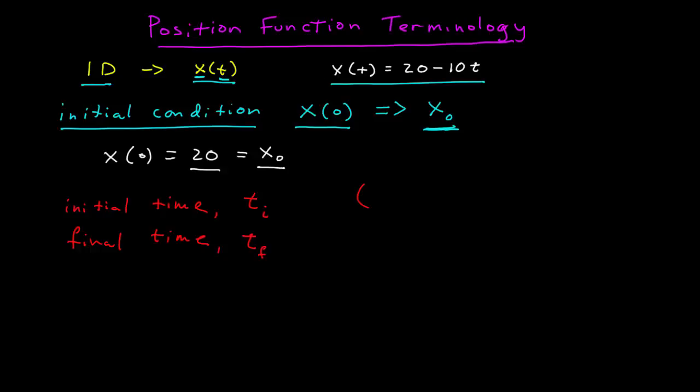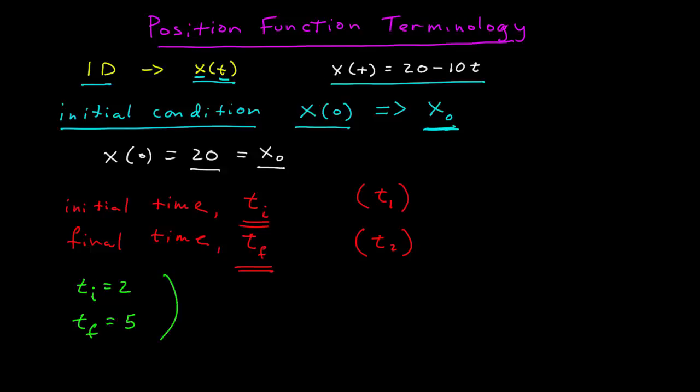A lot of times the initial time might be given by t sub 1 for, say, your first time, and your second time might be t with a subscript 2 for second time. There's no particular notation that's uniform. In fact, as you set up problems, you can use any notation you like. I sort of prefer this initial time and final time. Let's say, for example, if my initial time was 2, and if my final time was 5 seconds, then t sub f would equal 5.